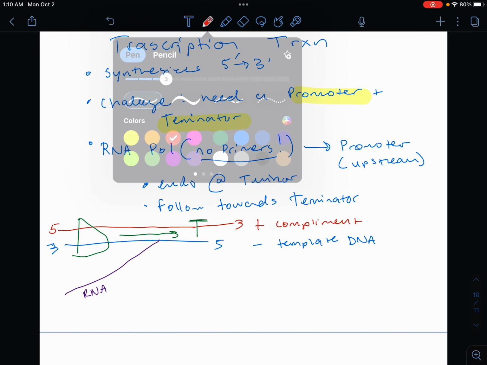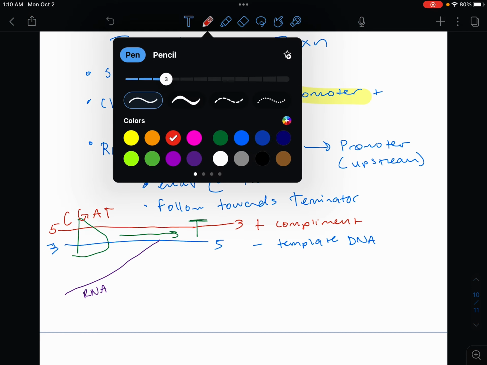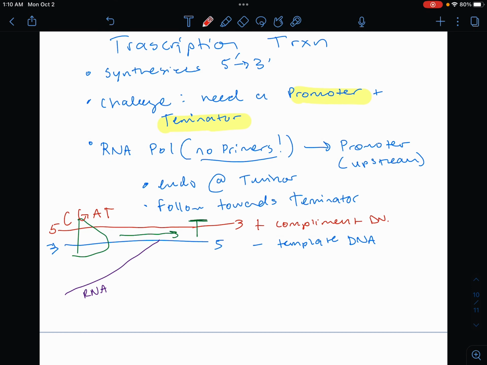So if we had the bases C, G, A, T up on the complement strand of DNA, then the mRNA will have the bases C, G, A, U instead, so that T becomes a U. And of course, since it's matching that complement DNA, it's going to be 5' to 3' left to right.